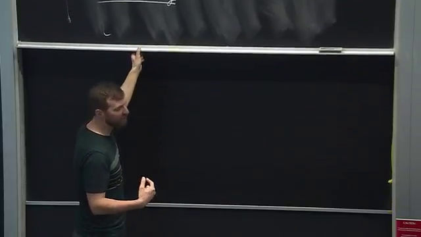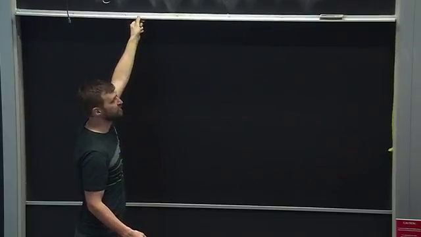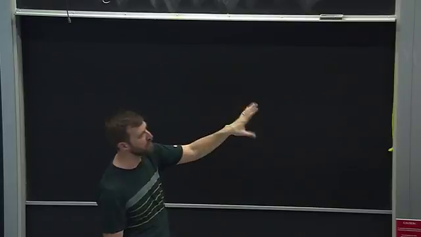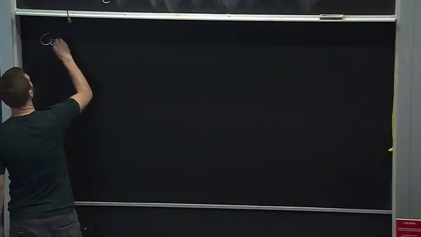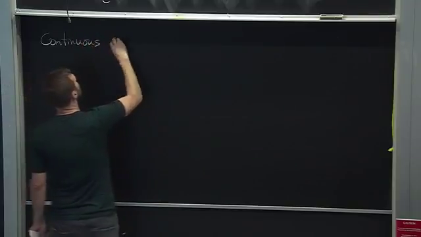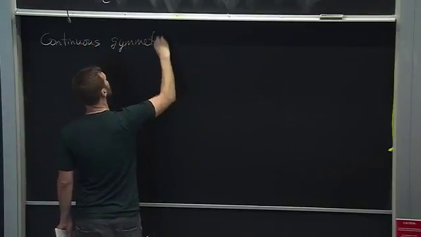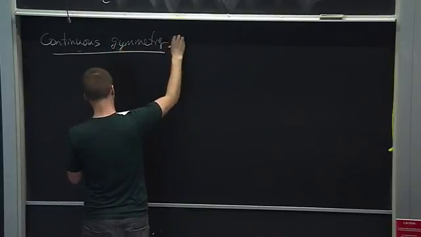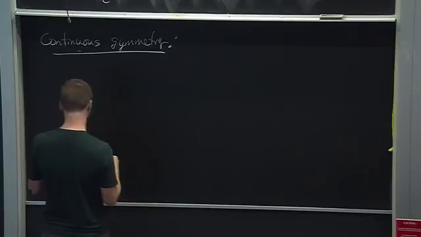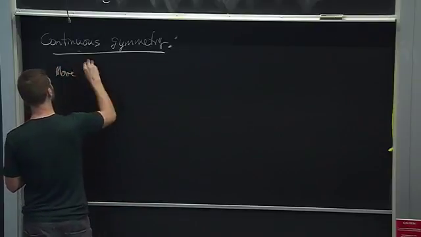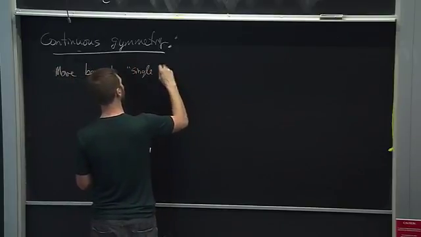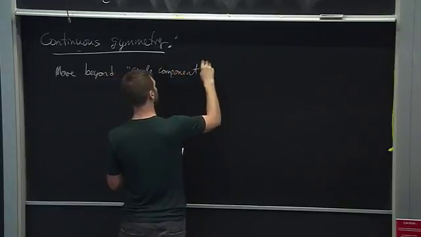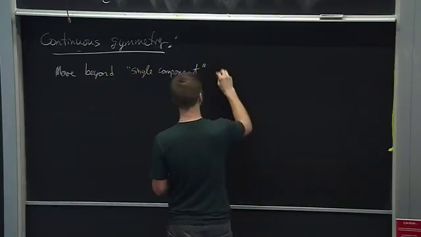So what we're going to do is start from an ON continuous symmetry field theory like that and see where this topological defect issue arises. So we'll move beyond single component or scalar phi-4 theories.